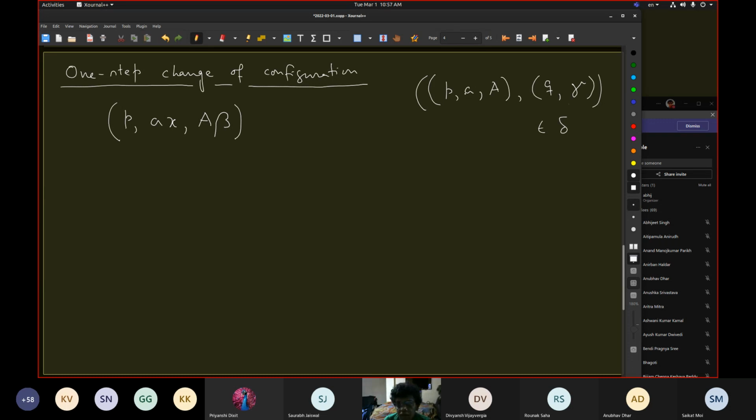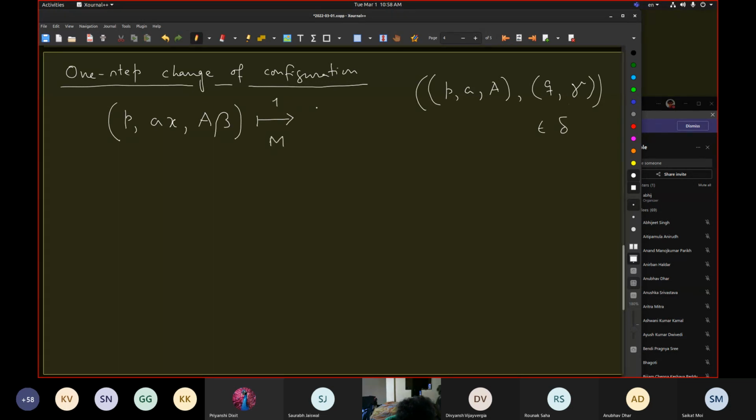The symbol that is read is A. A may be epsilon also. At the top of the stack has A, capital A. State is P. Then the machine will go to state Q, which may be same as P. Then I introduce this symbol. This is just a symbol, nothing more than that.